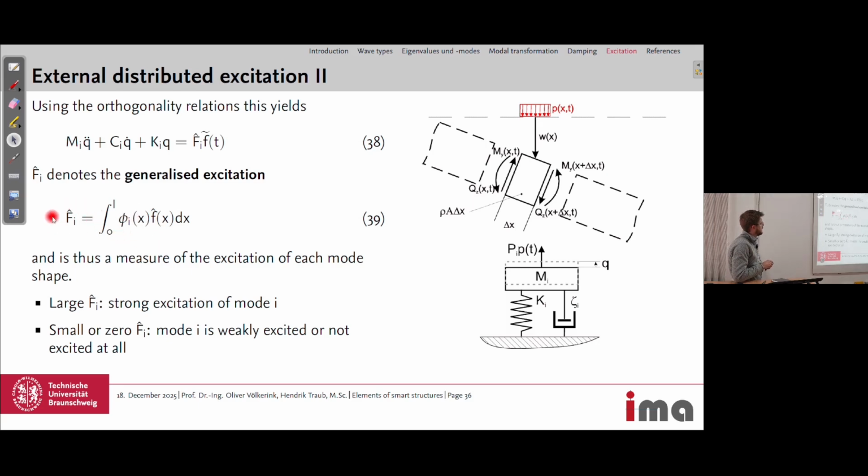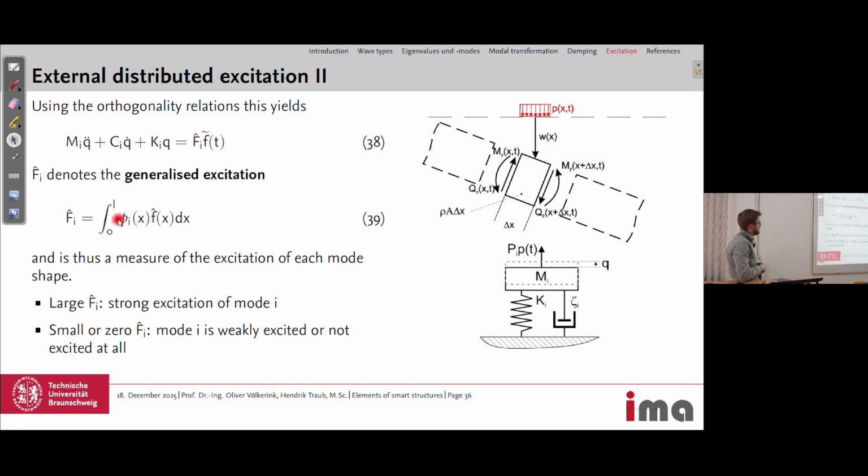So this is the share of the external excitation on this eigenmode I. And we can have a description for this again for each eigenmode, so that we have this system again for each eigenmode describing the vibration.